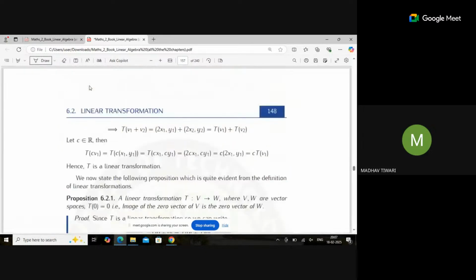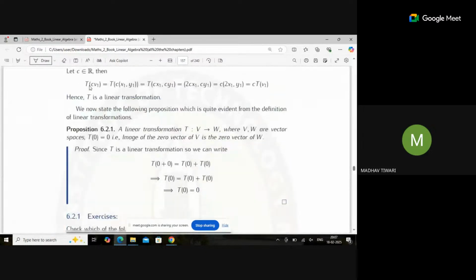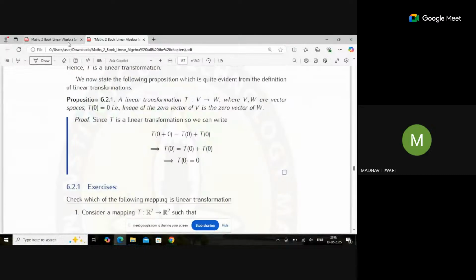The next thing was the transformation. Suppose in transformation, we consider one vector space to another vector space, transforming all the vectors inside this vector space to vectors inside that vector space. Basically, one constraint we take care of is that the transformation of the zero vector of the domain will have an image that is the zero vector of the range, or codomain, space.